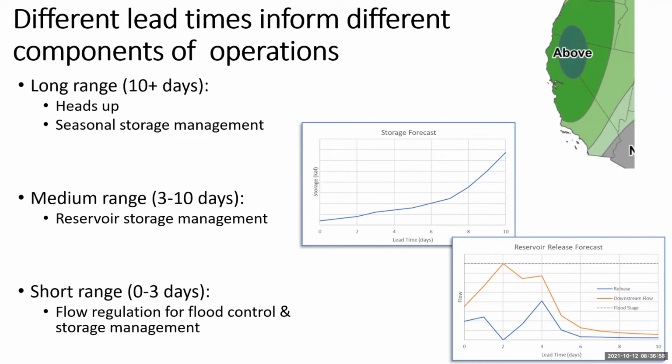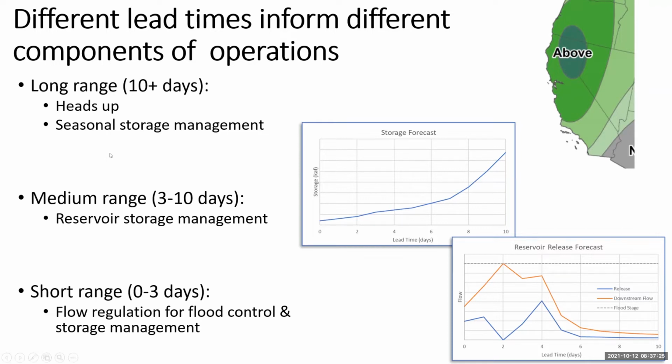So not much is really done in that case. One other thing in the long range is the seasonal runoff forecast for the Yuba and the Feather basins in terms of snowmelt, and so there is some seasonal storage management due to the spring snowmelt runoff, and that is out past 10 days.